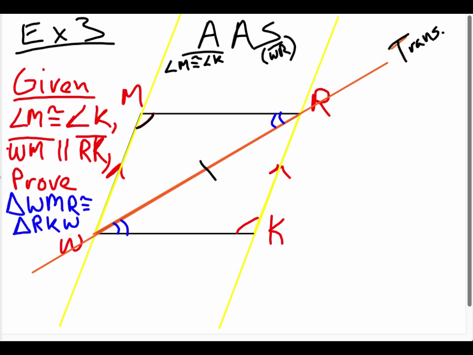Well, because the lines are parallel. Yeah, well, it's not corresponding angles. What type of angles are those? Alternate. Yeah, they're alternate interior angles for sure.